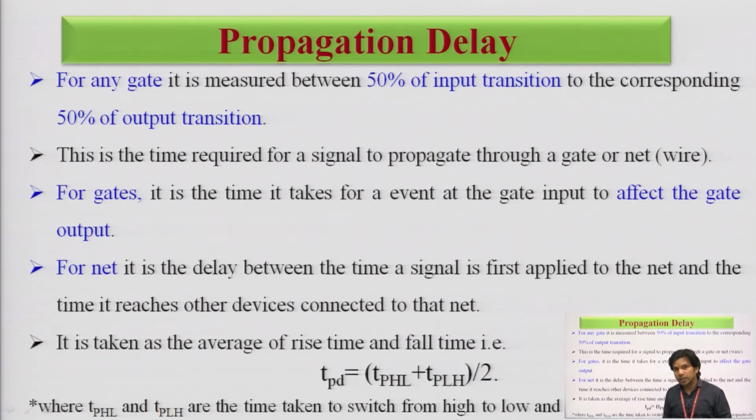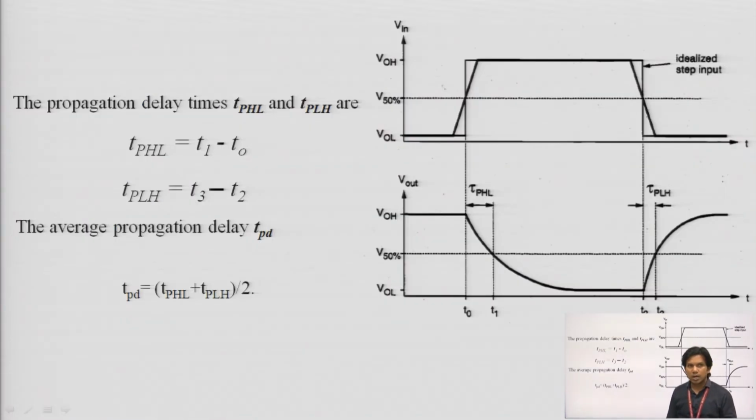So, the overall propagation delay can be measured by taking the average of the delay from high to low and from low to high switching. So, overall if you want to find the propagation delay, you can take the average of these two. From here, if you take 50% from this input diagram and output diagram, you can easily understand.